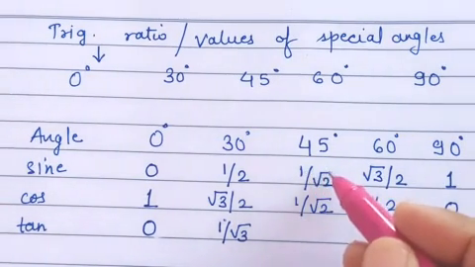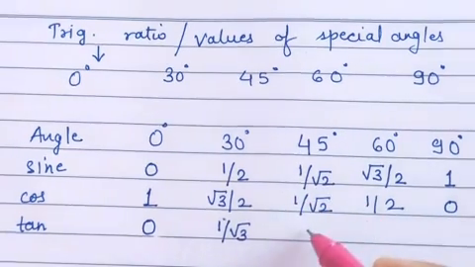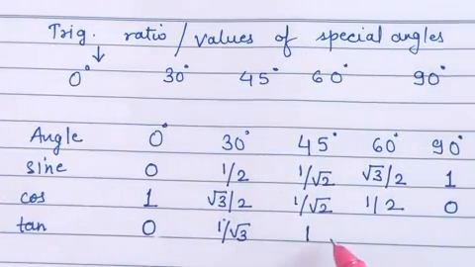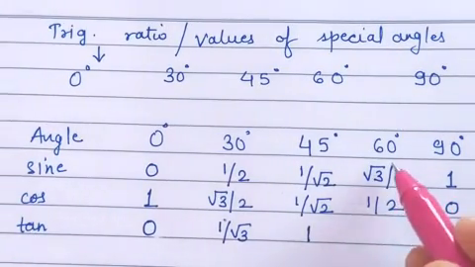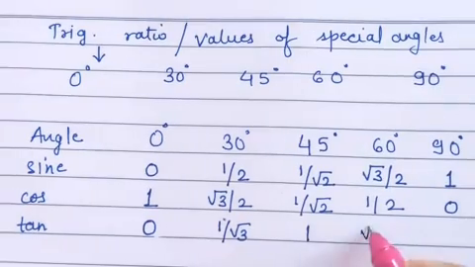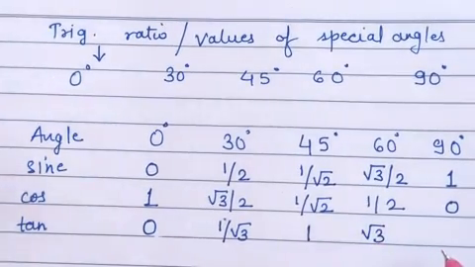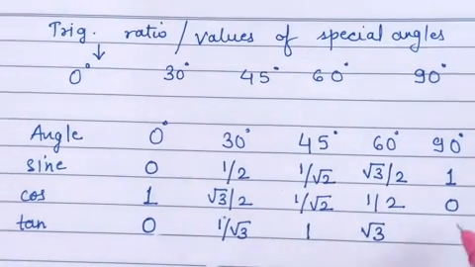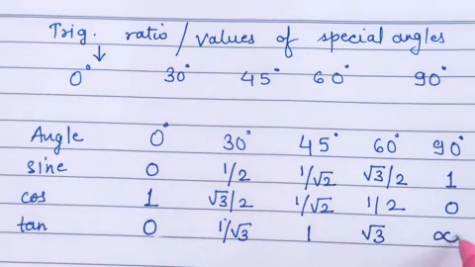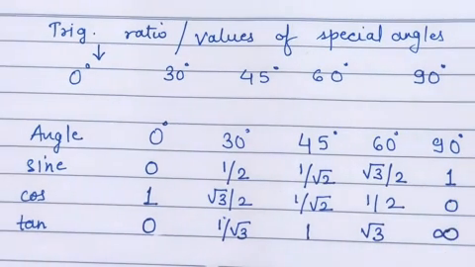Then sine 45 upon cos 45 is tan 45, which is 1. Then sine 60 upon cos 60 is tan 60, which will be root 3. Now sine 90 divided by cos 90 is tan 90, and this is denoted by infinite. This value is undefined.